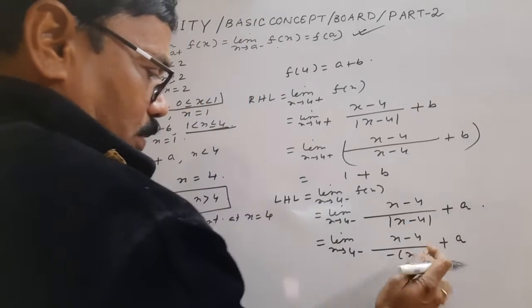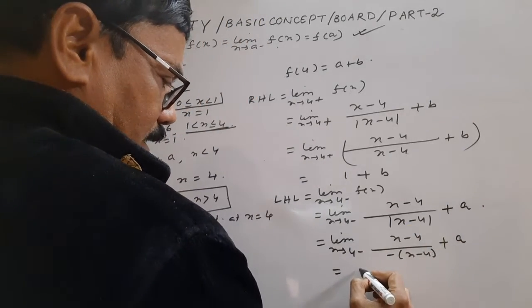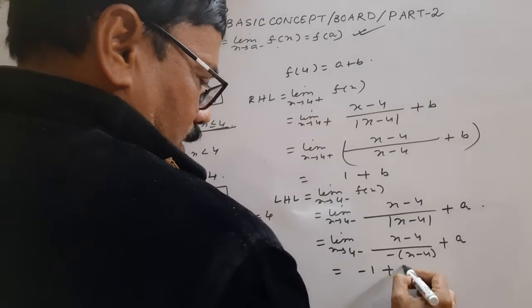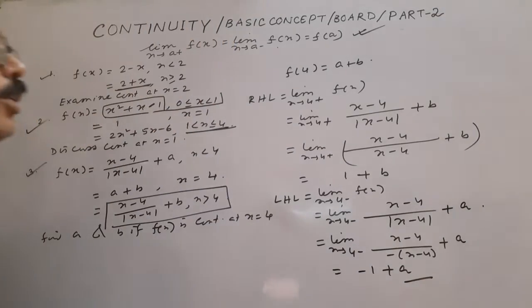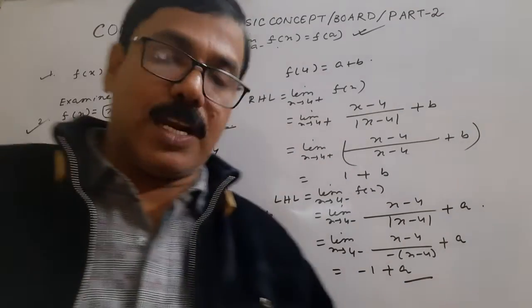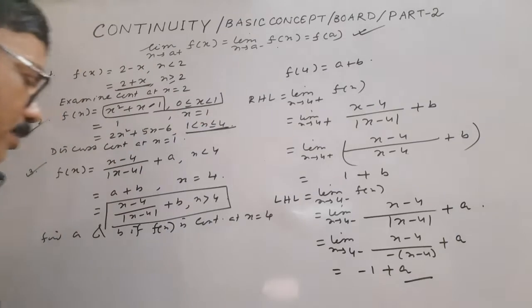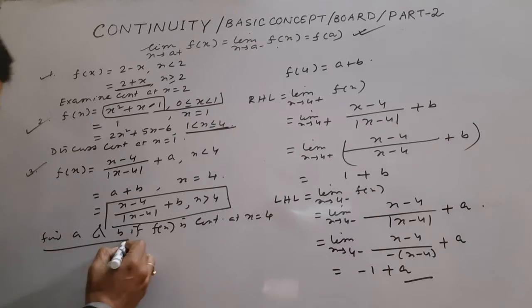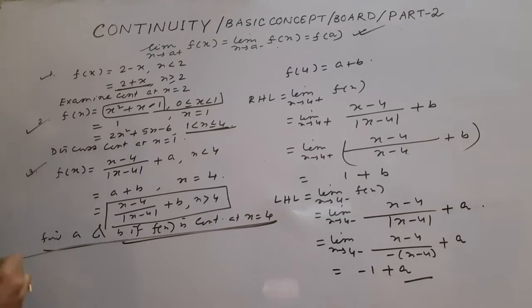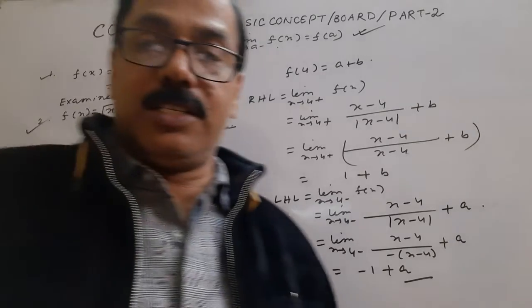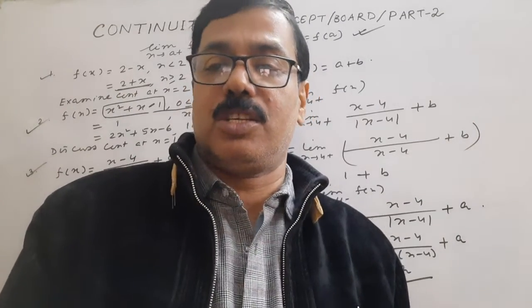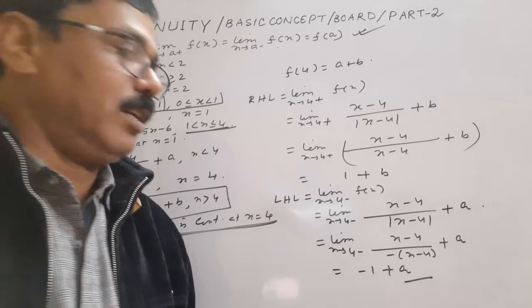So x minus 4 is cancelled. So this is minus 1 plus a. So we are getting left hand, right hand and this. Now find a and b if f(x) is continuous. It is given that the function is continuous. Find a and b.